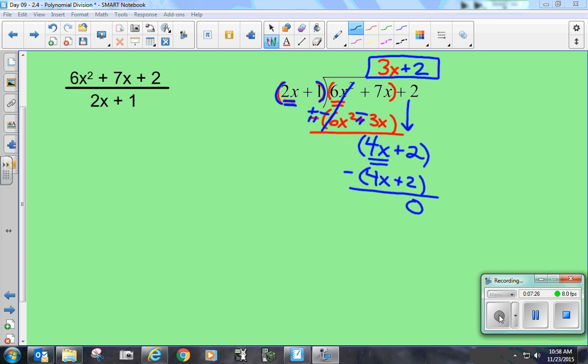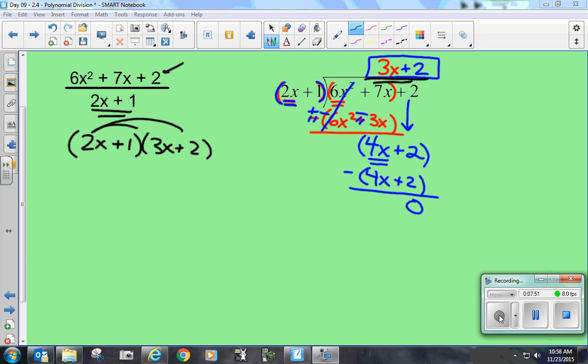So, if I were to multiply, some people can FOIL, and some people use that box method, where they make a box and multiply things together. For example, if I were to multiply 2x plus 1 and 3x plus 2, some people FOIL it, which is fine.